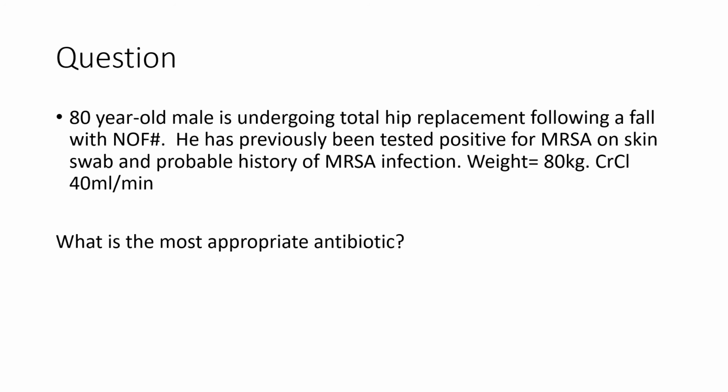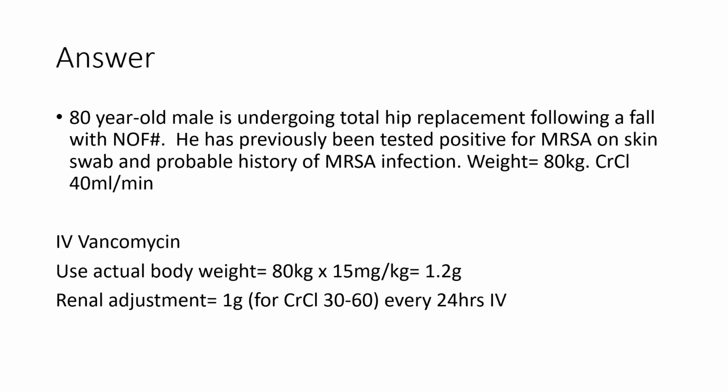Vancomycin is dose dependent on the actual body weight. But secondly, vancomycin is also renally excreted. Therefore, a reduced creatinine clearance can affect excretion and increase the toxicity. So what we need to be aware of is to give a weight-adjusted but also renally adjusted dose of vancomycin.